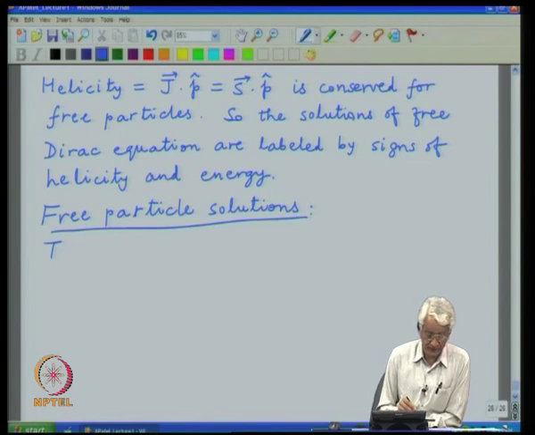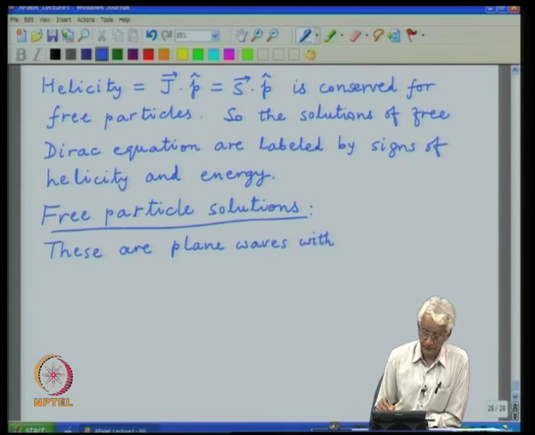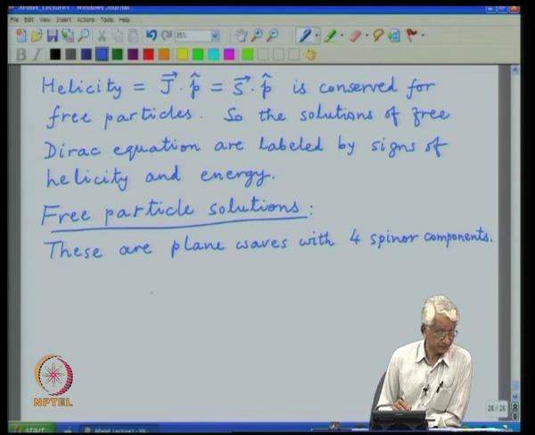One thing which you already know is that these solutions are just plane waves with 4 spinor components, and we will label them as psi of x as omega with some index.